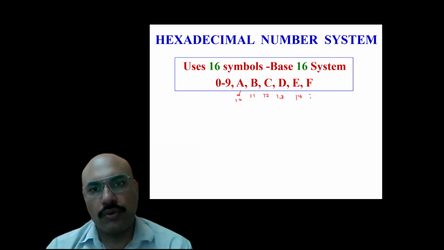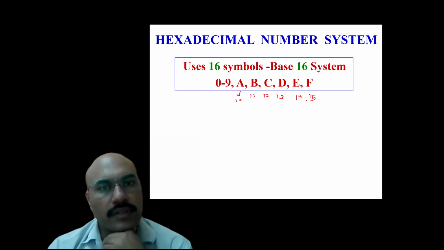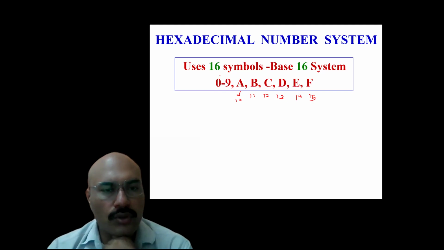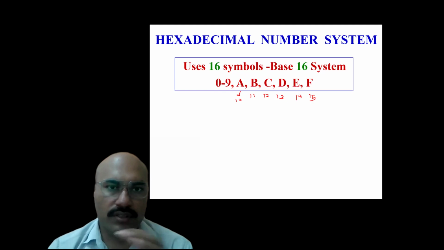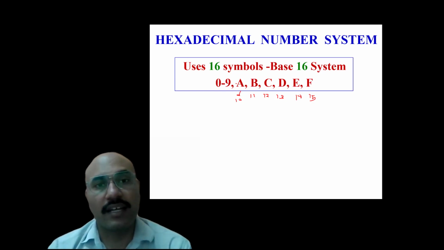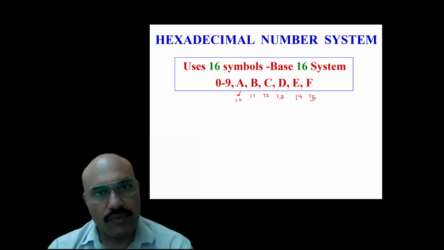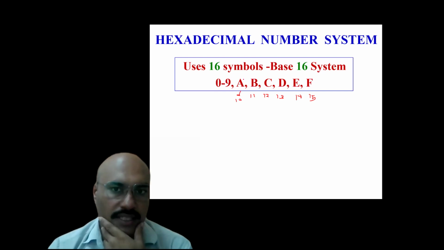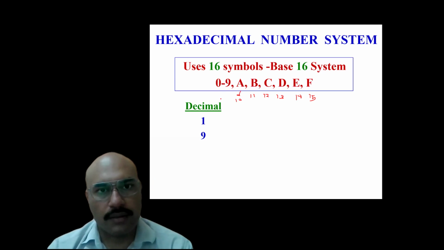So we need to create a symbol for all these numbers in the hexadecimal number system. Until 9, we use the same symbols that we use in decimal. But after that, to remove the confusion, we replaced 10, 11, 12, 13, 14, 15 with the letters A, B, C, D, E, F. Okay. So the concept is the same.